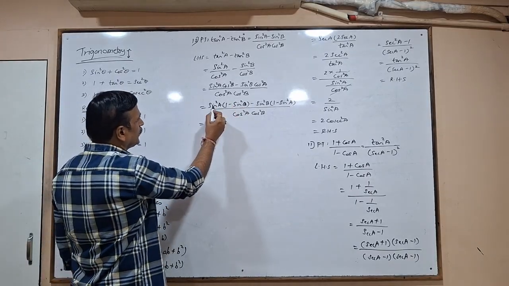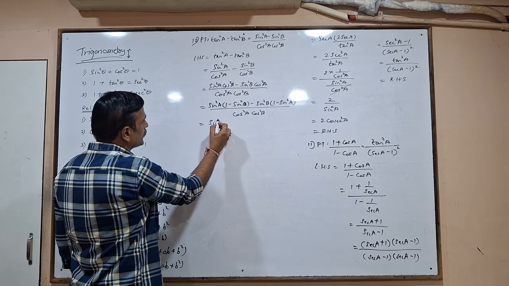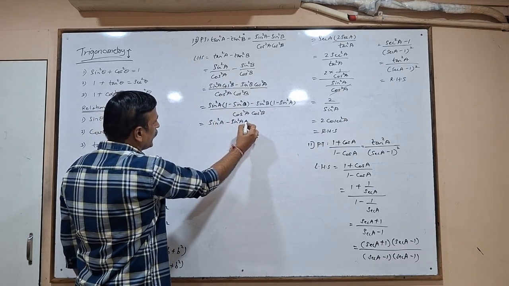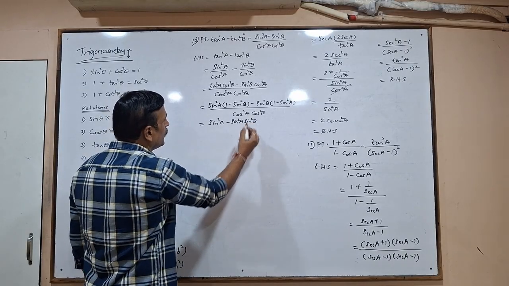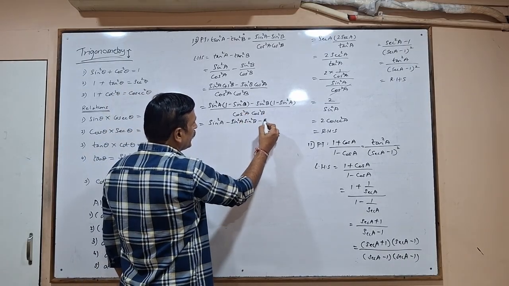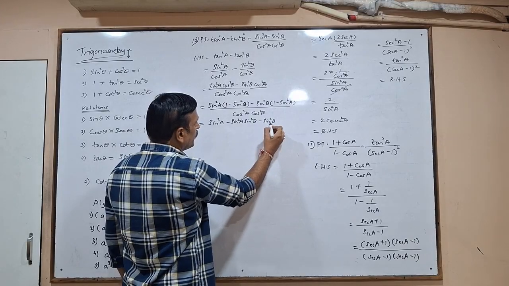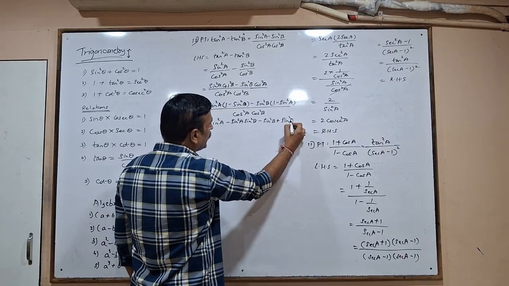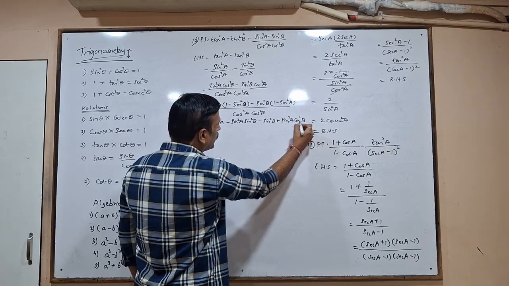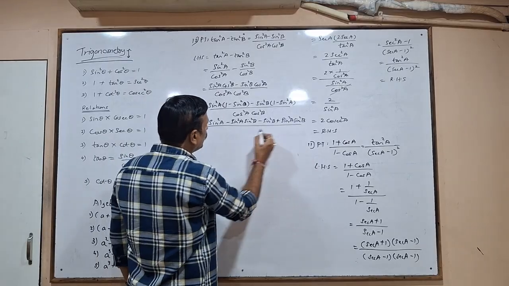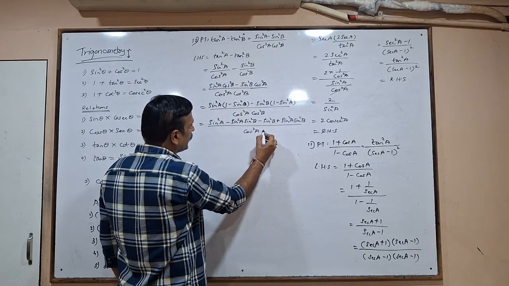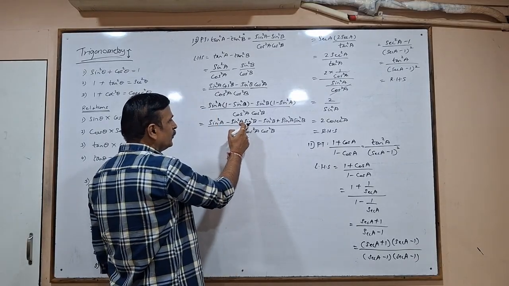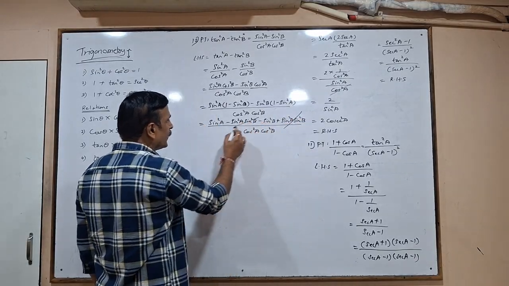Now open the bracket: sin square A into 1, sin square A, sin square A into sin square B, minus sin square B into 1, sin square B, and minus into minus plus sin square A into sin square B, the whole upon cos square A into cos square B. What I observe is negative, positive will get cancelled.